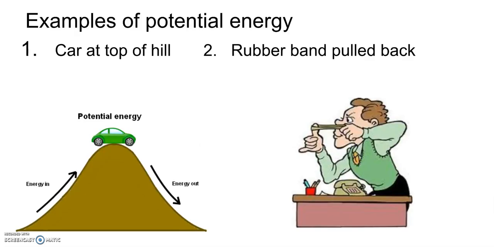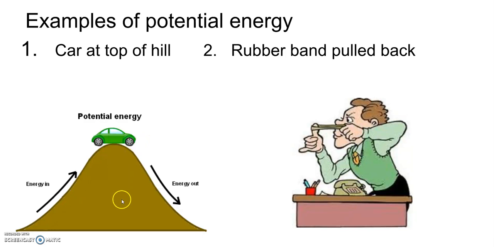Here are two examples of potential energy. We talked about the car before. A car at the top of a hill has potential energy because it hasn't started moving yet, and it has a lot, as you can see here with the hill.